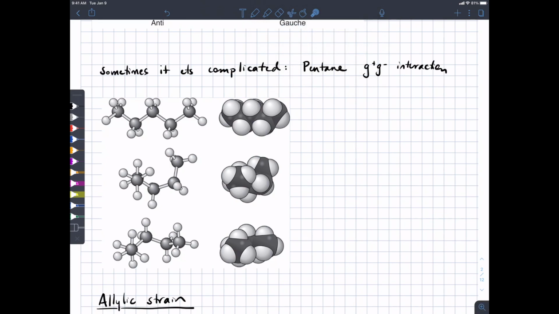But for the sake of our discussion, we'll call this 1, 2, 3, 4, and 5. And the two bonds that we're worried about are the bond between 2 and 3, and then the bond between 3 and 4.